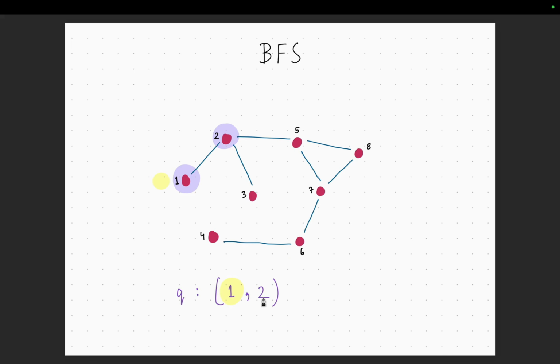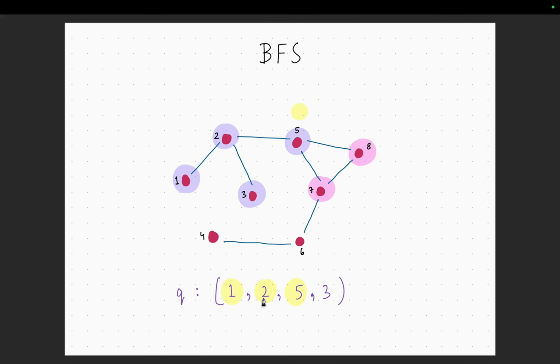So yeah, we add 2, and now there was a while loop and the queue is not empty. So you dequeue 2, look at its neighbors, see which are unvisited, and then you enqueue the unvisited neighbors, 5 and then 3. Awesome.